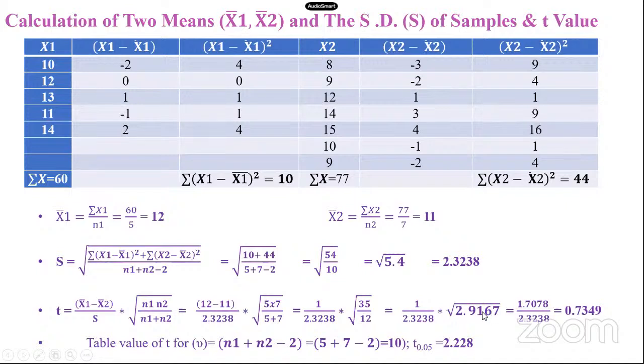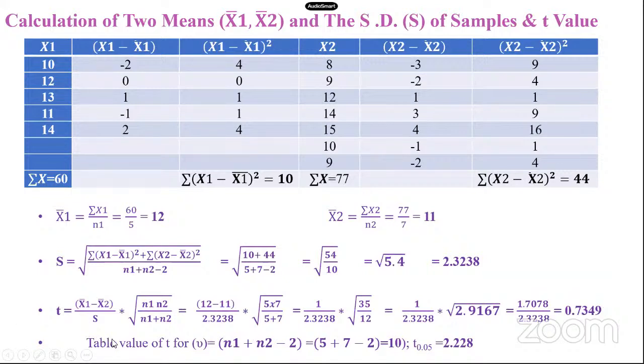Then the square root of this will come 1.7078. So 1 divided by 2.3238 into 1.7078 is equal to 0.7349, which is the calculated value of t.